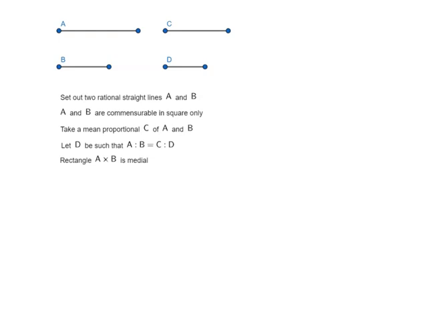Now remember, C is the mean proportional between A and B, which we can write as A is to C equal to C is to B, which basically means C square is equal to A times B, and A times B is medial. A by B is medial, so C square is also medial. When I say C square, remember we are talking of the square on C.